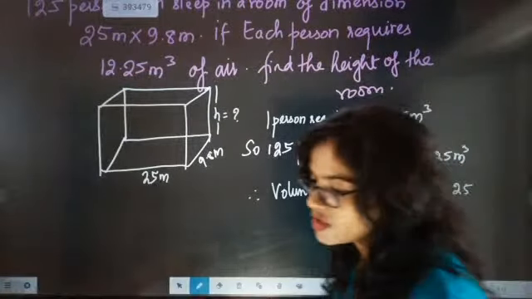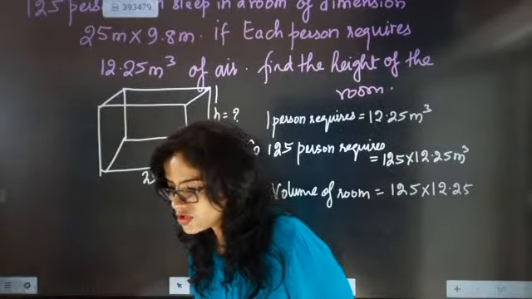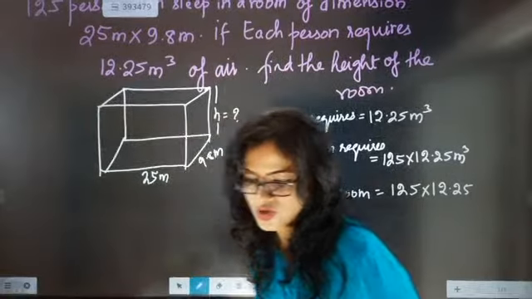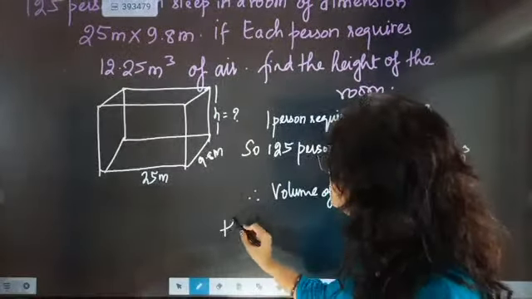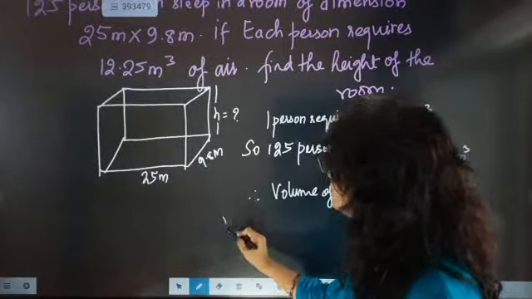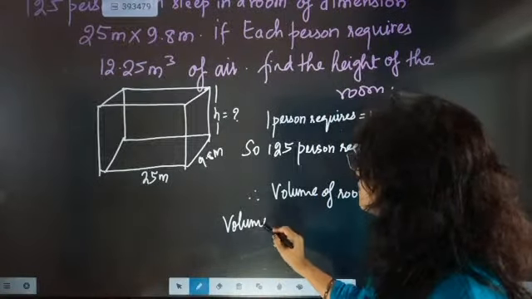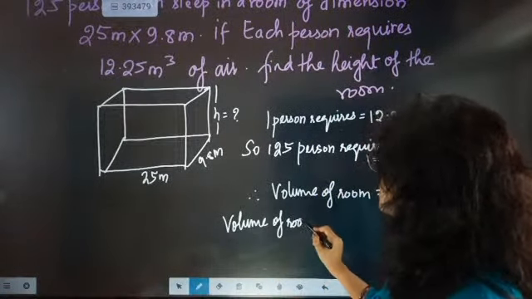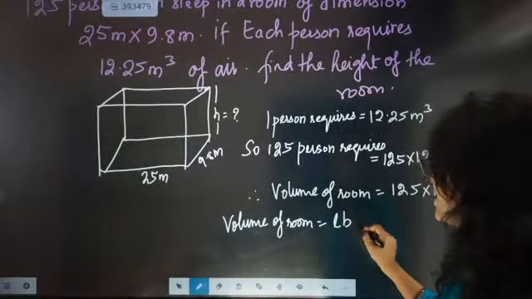Now what do we have to find? We have to find the height. Shruti, Sharmina, Shrutika also got the answer. So now we are going to write: volume of room will be equal to LBH.